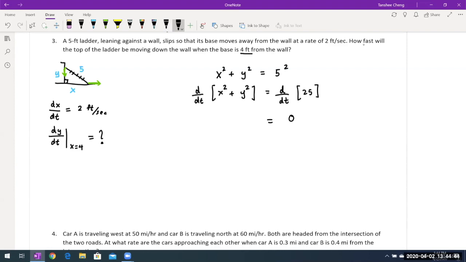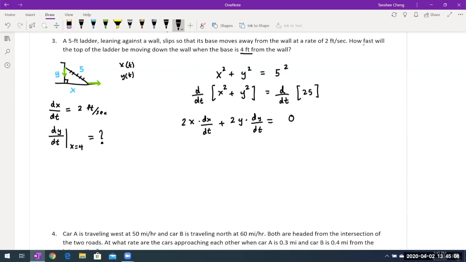On the left-hand side, remember x is a function of time and y is a function of time, so I need to use the chain rule right here. This will become 2x times dx/dt plus 2y times dy/dt.